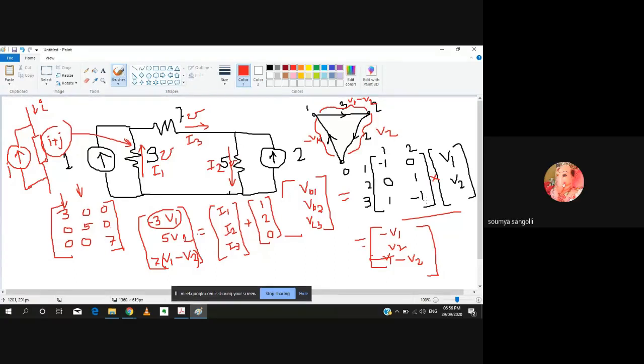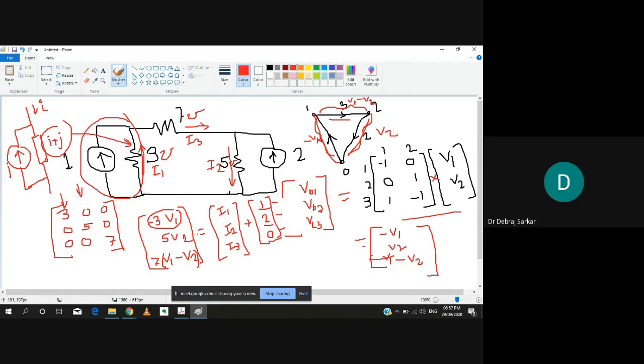J matrix. See, the rows are from the elements. So there are 3 elements: first element from the graph, second element, and the third element. First element is basically this.